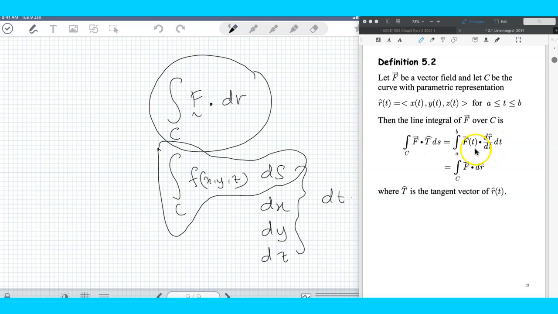Instead of doing it one by one, where first we differentiate r, get r prime, and then transform the ds, we can simplify using this one, where we know that the tangent vector is dr over dt, and ds is the speed, the magnitude of r prime.